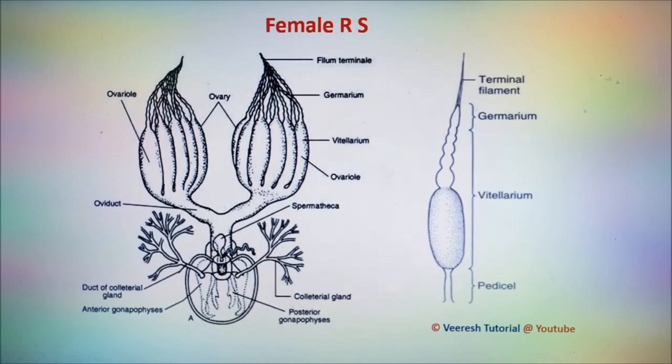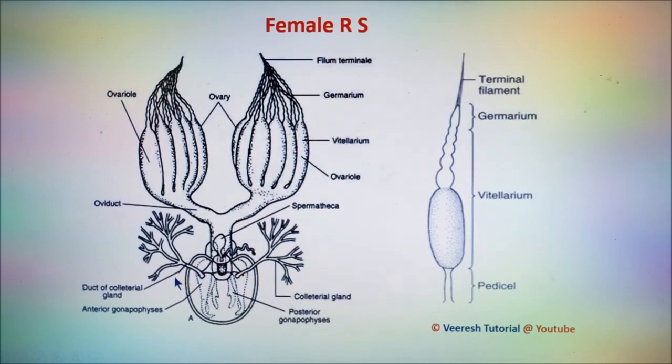This bursa copulatrix serves as a copulatory pouch during mating. And here is the spermatheca, where sperms are stored temporarily during copulation and used for further fertilization.